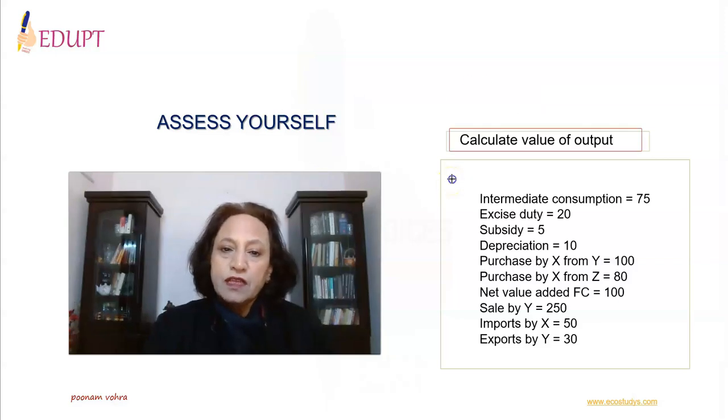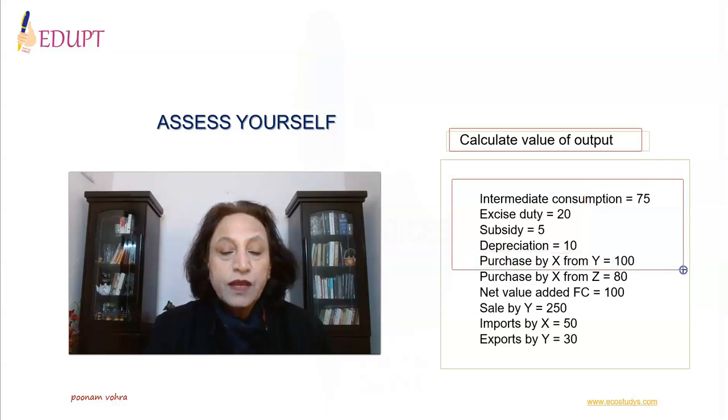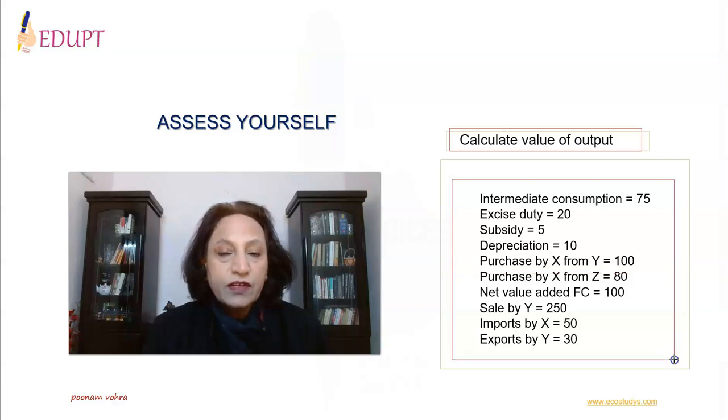Information given is about intermediate consumption 75, excise duty 20, subsidy 5, depreciation 10, purchase by X from Y 100, purchase by X from Z 80, net value added at factor cost 100, sales by Y 250, imports by X 50, and finally exports by Y 30.